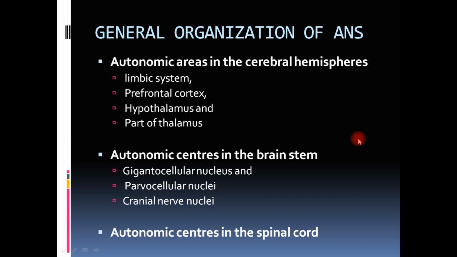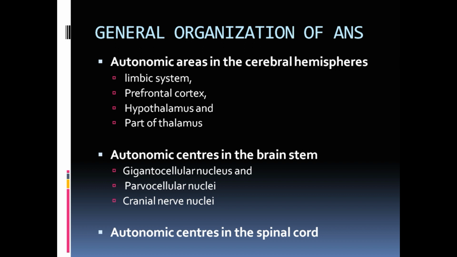Coming to the general organization of the autonomic nervous system, the outflow of this system comes from various regions of the central nervous system. There are autonomic areas in the cerebral hemisphere, which consist of the limbic system, prefrontal cortex, hypothalamus, and parts of the thalamus.